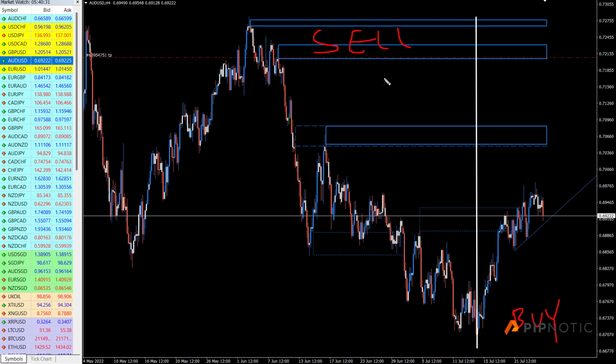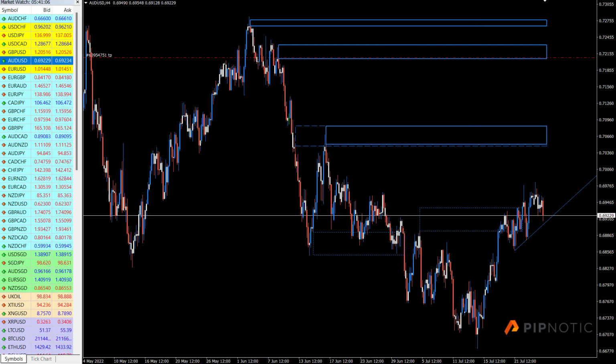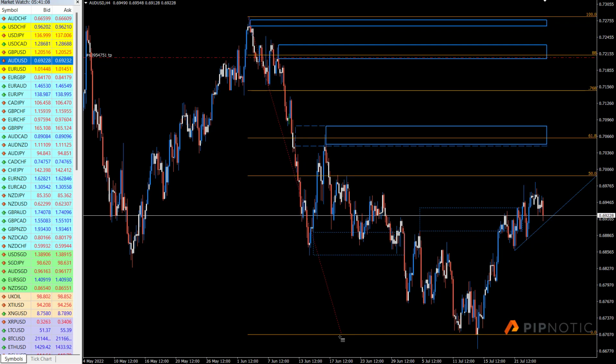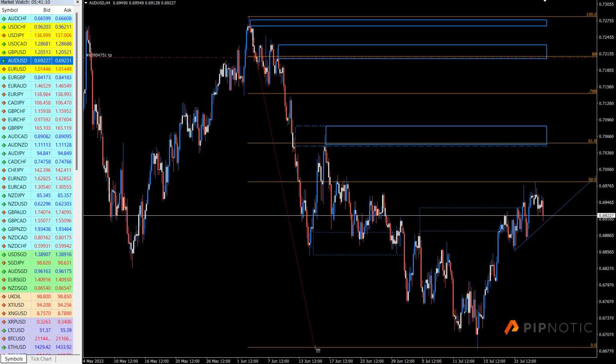Okay, so knowing this makes things a little bit clearer for us, because now if you want to use Fibonacci, you can take the Fibonacci tool and go from the high to the low. You want to look for these discount prices, and the 50% zone is right here.